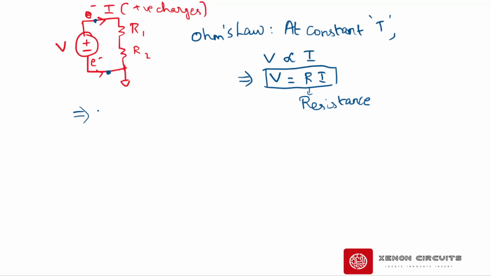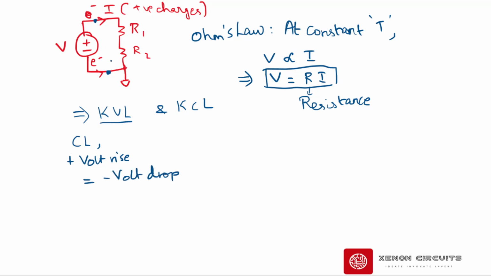Okay, so you might also be aware of Kirchhoff's voltage law and Kirchhoff's current law. Kirchhoff's voltage law states that in a closed loop, the sum of voltage rise is equal to the sum of voltage drop, right? So if we apply KVL to this network, the voltage rise is equal to V, and the voltage drop equals IR1 plus IR2, right?